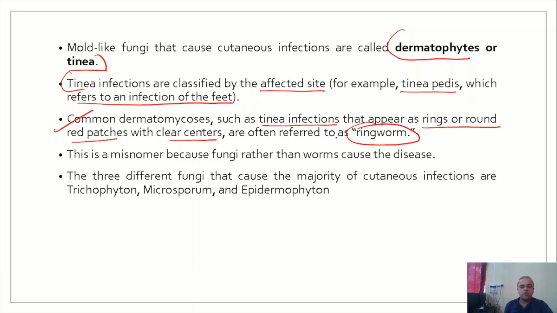This is a misnomer because fungi rather than worms cause the disease. The three different fungi that cause the majority of cutaneous infection are trichophyton, microsporum and epidermophyton.